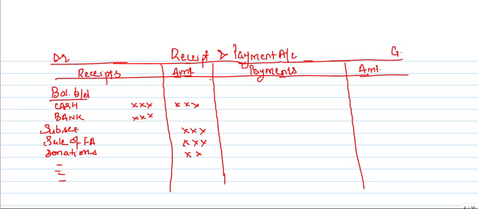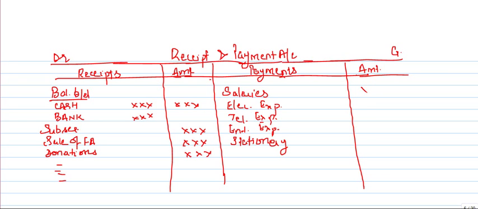And whatever the payments are there, you will record on this side, like salaries, right? Then electricity expenses can be there, then telephone expenses, then entertainment expenses, then stationery, right?